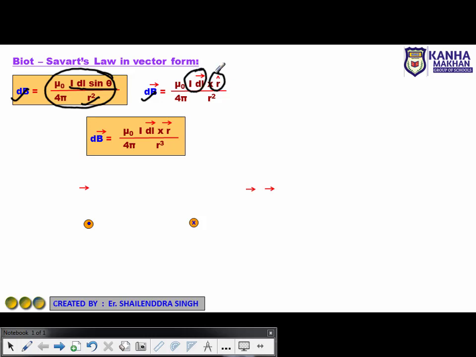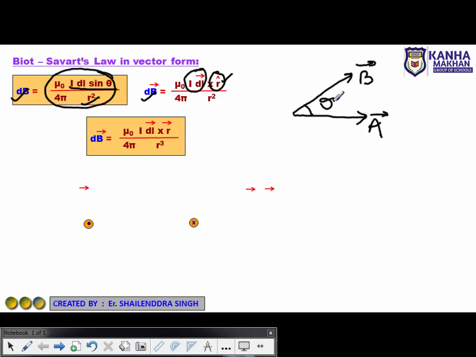How will you write it? I dl cross r, the unit vector. It is slightly confusing for you. How is it possible? Please see, in 11th standard, you know very well what vector A as well as vector B were, and the angle between them was given as theta.